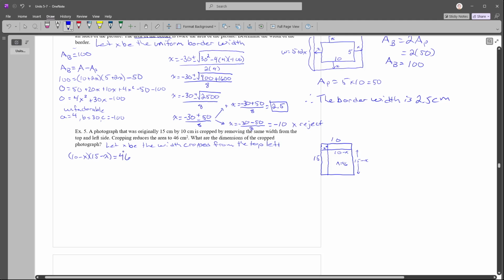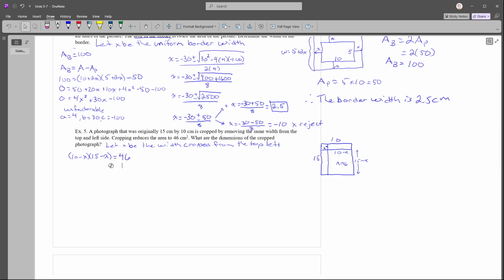Hopefully that'll give us everything we need. Remember our goal. Our goal is to figure out the dimensions, the length and the width of the new picture. We're not trying to figure out x this time. In fact, we don't care about x. Maybe it'll help us, maybe it won't. It should because it's our unknown value. But let's get to it.